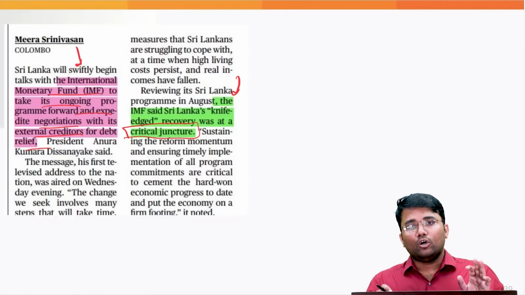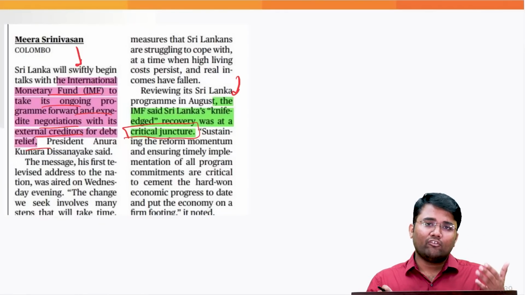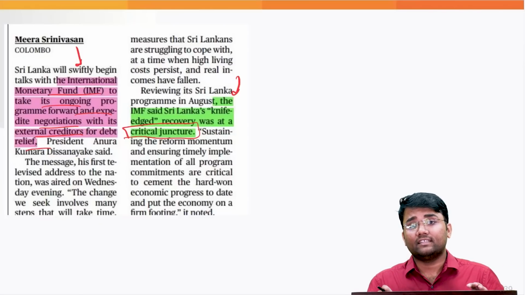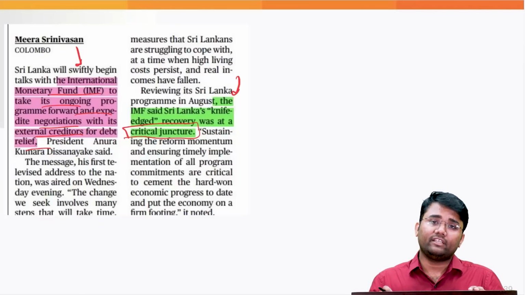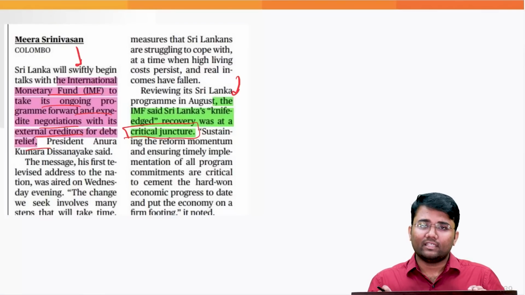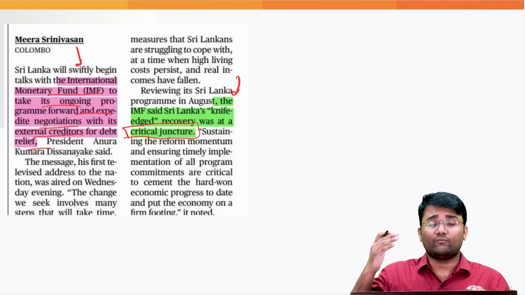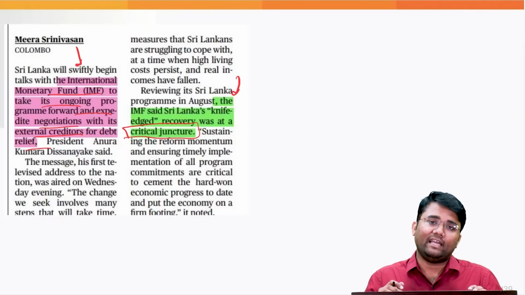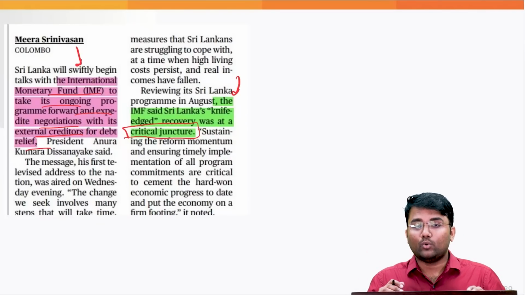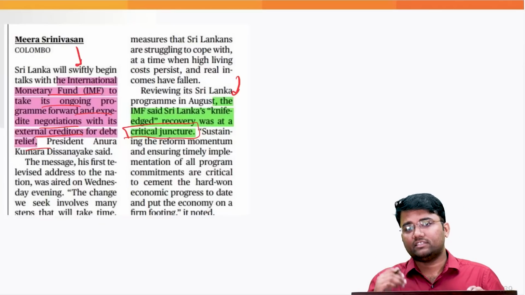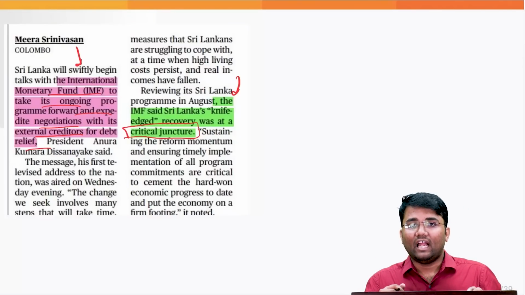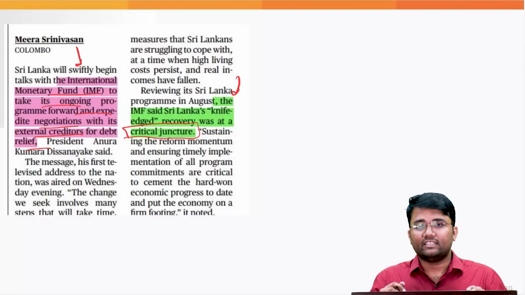Also, the government of Sri Lanka took various other measures which further aggravated the crisis. For example, they shifted to organic farming, which reduced food grain production to a very high extent, and that led to hyperinflation, a very high inflation in the economy of Sri Lanka, and it further aggravated various economic issues.